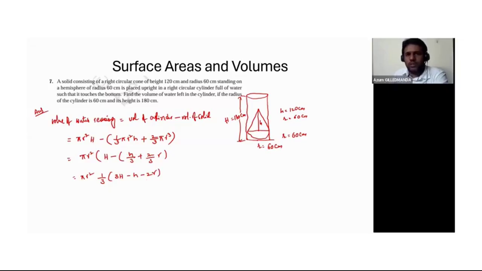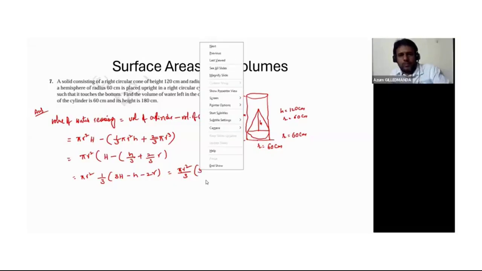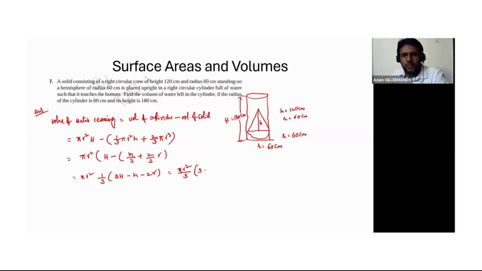The minus I am sending to both, and I took 3 common, so this should be multiplied with 3. So basically this is pi r square by 3 into 3H minus small h minus 2 times the radius.